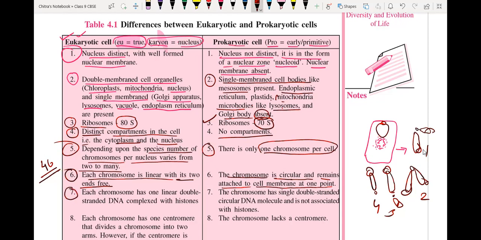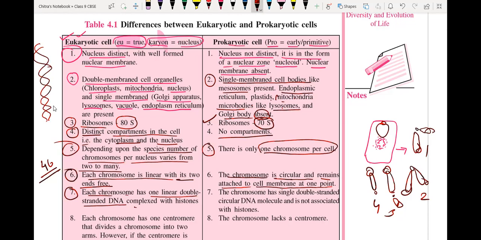Seventh difference. Each chromosome has one linear double-stranded DNA. We know Watson and Crick gave the DNA structure, which is double-stranded DNA like this. It is present in eukaryotic cells.